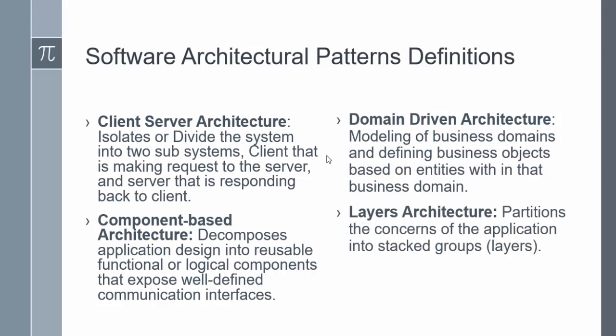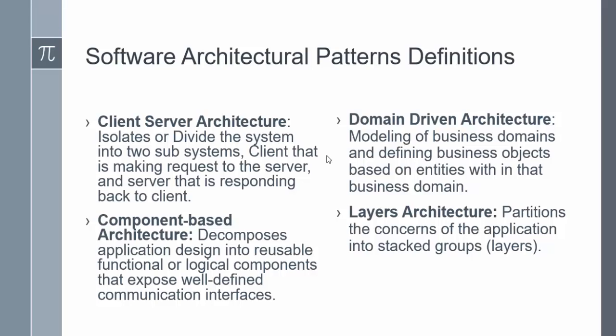Then we have a layered architecture. Layered architecture means partitioning the concerns of the application into stacked group layers. Stacked group layers means it is a last in first out, LIFO, structure, which means that every top level layer can only communicate with the layer beneath it, or the second level.